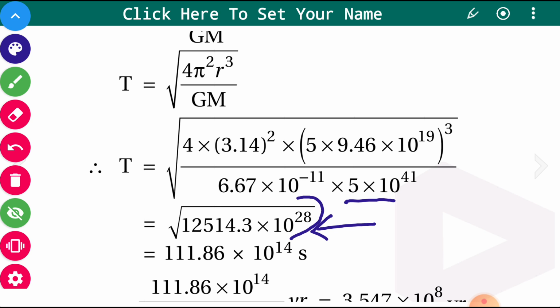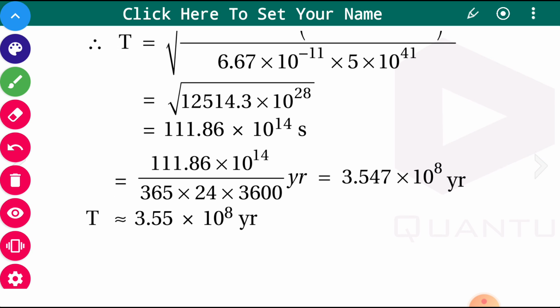Power has to be adjusted into an even number and take the square root. So the power will become half. It becomes 10 to the power 14, and the square root of this will result in 111.86. And if you want to convert it into years, then we have to divide these seconds by the number of seconds in 1 year, and that is 365 days, 24 hours, and 1 hour is 3600 seconds.